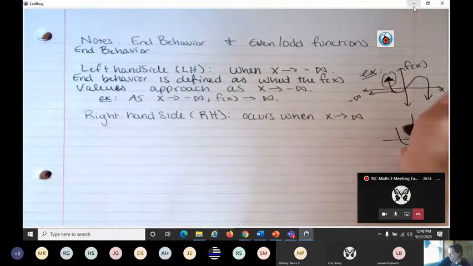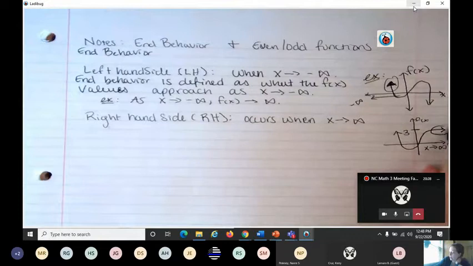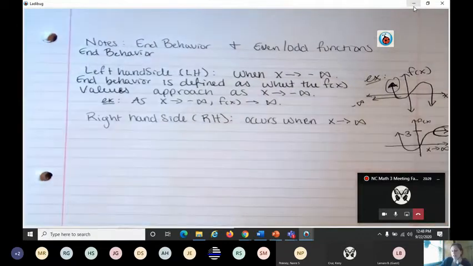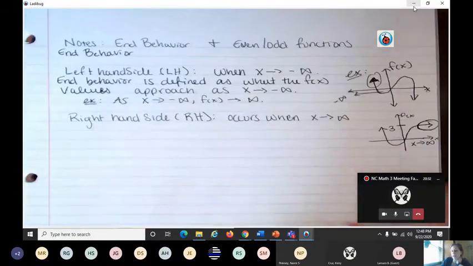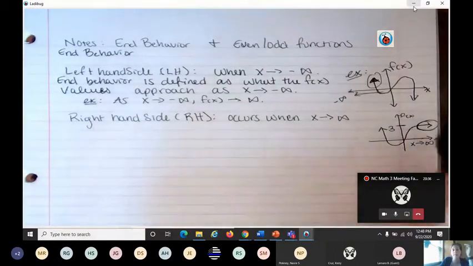Maybe this is the 0.3. So these are x's approaching the positive infinity. This is my f of x axis or y axis, and this is my x axis down here. Okay, so it would be whatever this arrow is doing. Okay, so what is it doing vertically is kind of what we're asking. As we're moving to the right, what is it doing vertically?